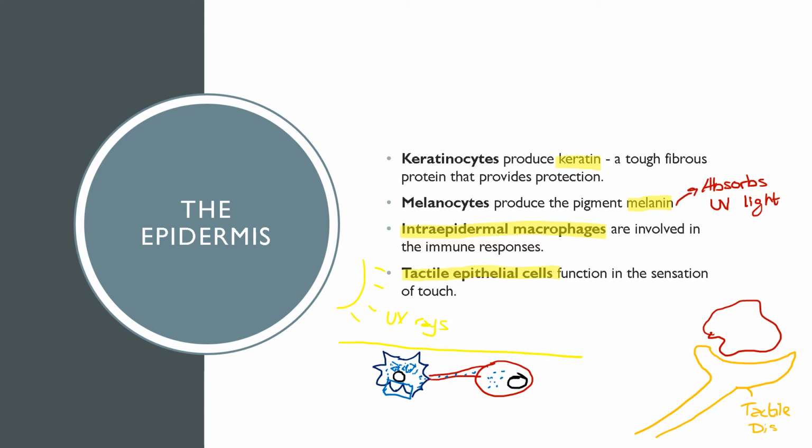This is the actual disc portion that is the end of a sensory neuron. So this is just a neuron, but the end of the neuron that's connected to the tactile epithelial cells is specifically called a tactile disc. And these tactile epithelial cells are going to be the cells that actually detect touch sensations.